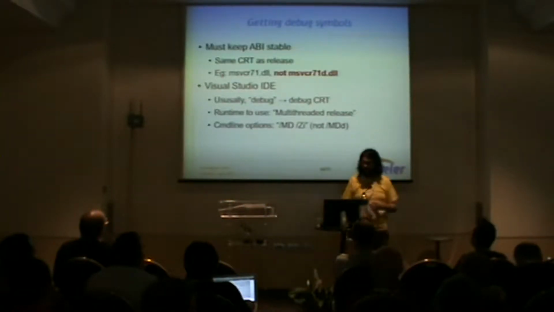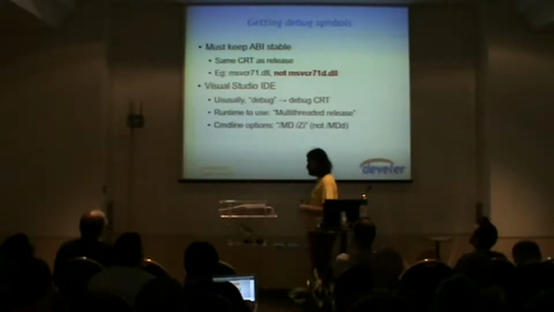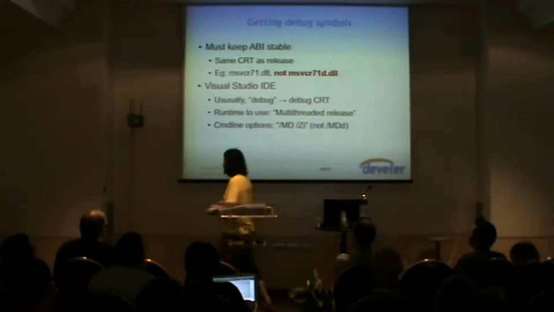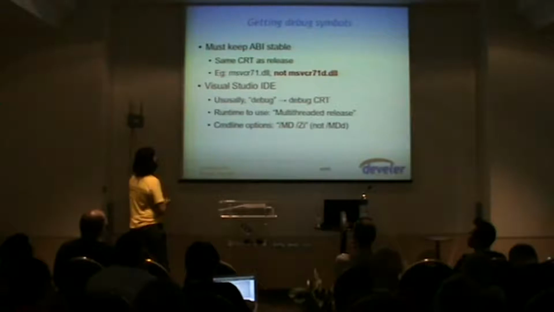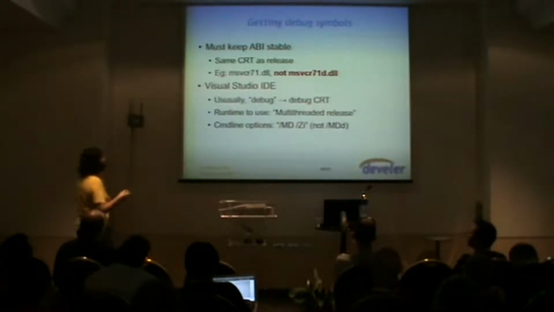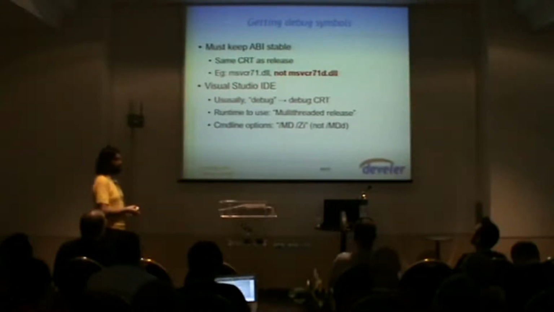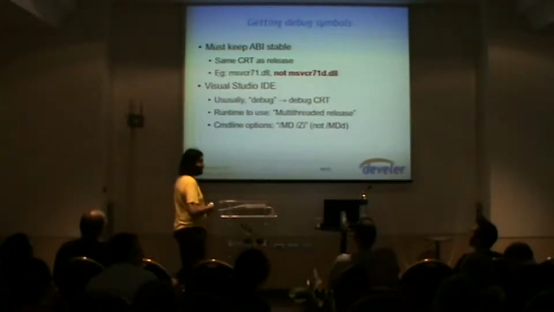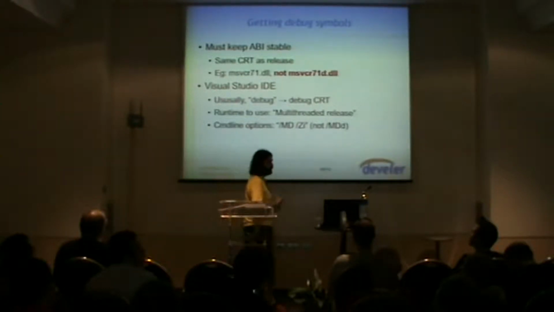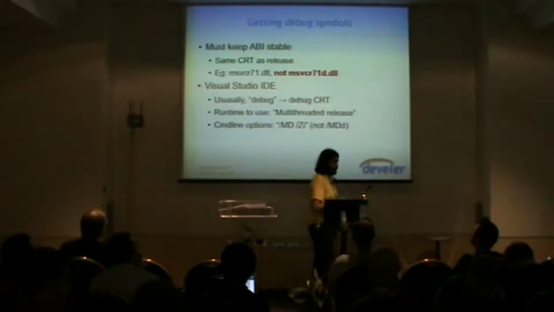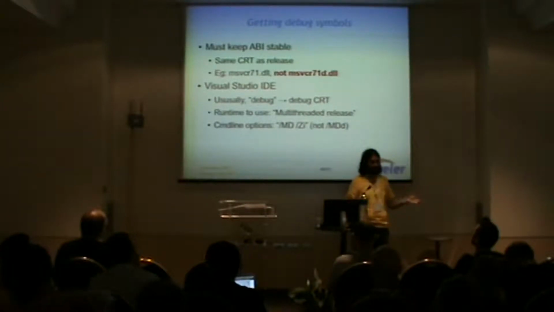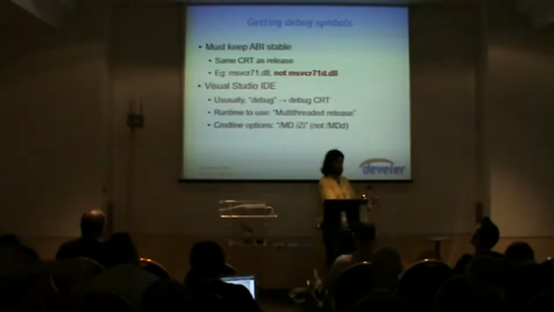Okay, to get debug symbols, which is what you need for debugging, usually you need to compile in debug mode with Visual Studio, but with the same CRT as the release version. Because either you recompile everything, and we don't want this, we want to use the standard Python interpreter.